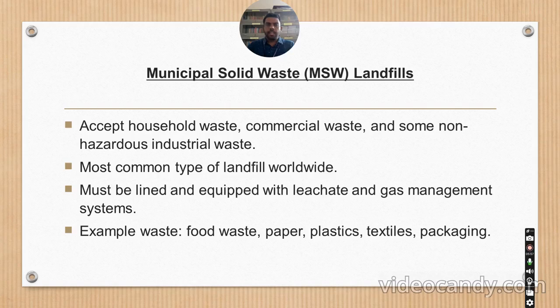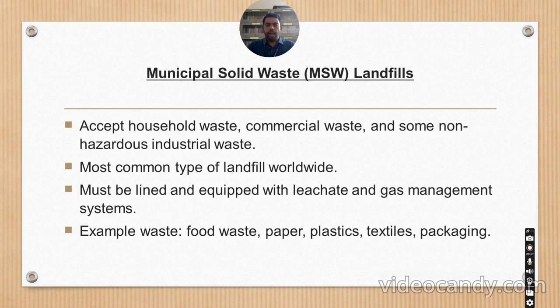These are the main sources producing municipal solid waste, and this is the most common type of landfill worldwide, broadly used in every country. This type of landfill should be lined and equipped, and the planning procedure is very easy to implement on a particular site.